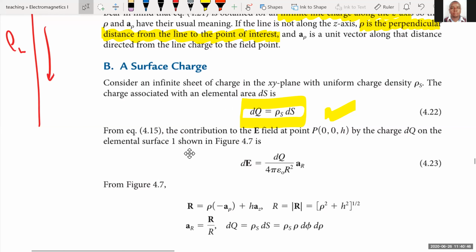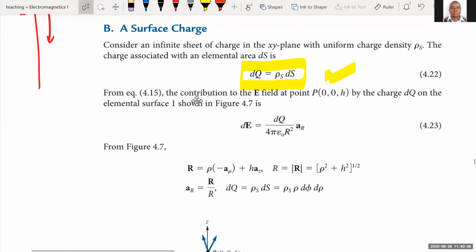We have seen how we can derive equation 4.22. So we now move on to consider an infinite sheet of charge lying on the XY plane. And from equation 4.12, I'm not going to go through the rigor. Because of time, I'm not going to go through the derivations.